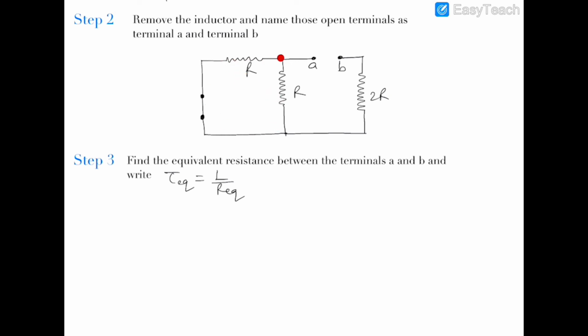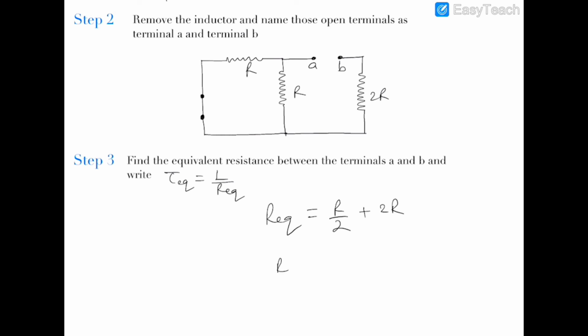These two are connected in parallel and they are in series with 2R. So the equivalent resistance of the two parallel resistors is R by 2, and it is connected in series with this 2R. So this is R by 2 plus 2R.